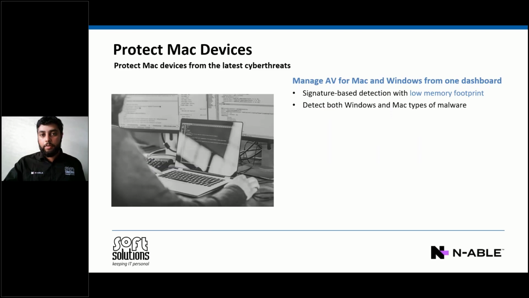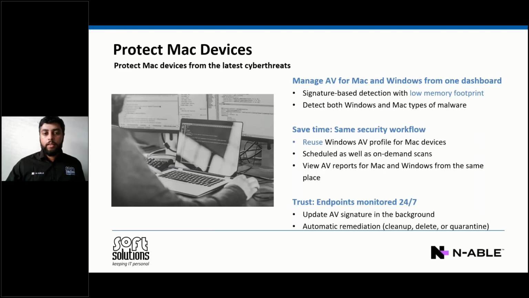Also, you're able to protect your Mac devices via Bitdefender. The antivirus that Enable uses is Bitdefender. That's the engine they use to protect all your Windows and Mac devices.